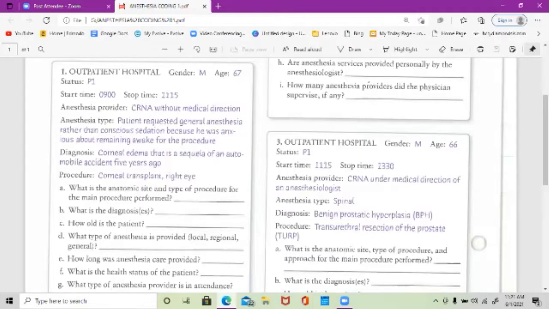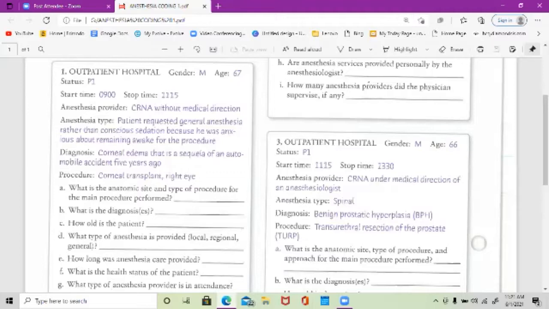Okay, so let's look at what A is asking us. What is the anatomic site and type of procedure for the main procedure performed? Eye, and it's a transplant, corneal transplant.